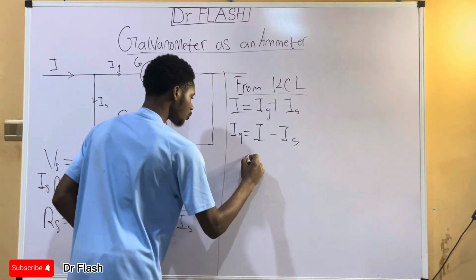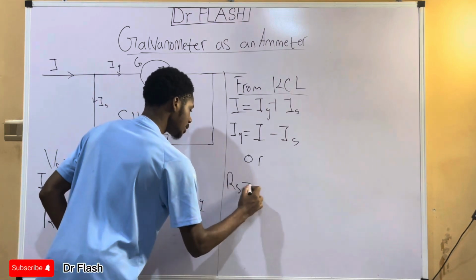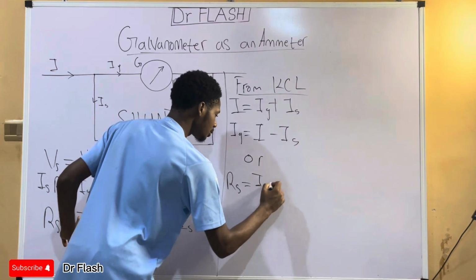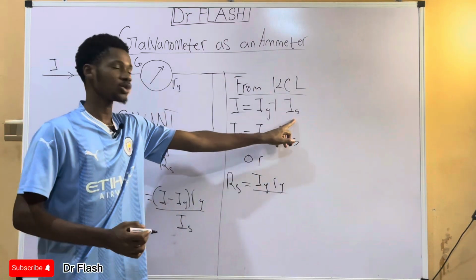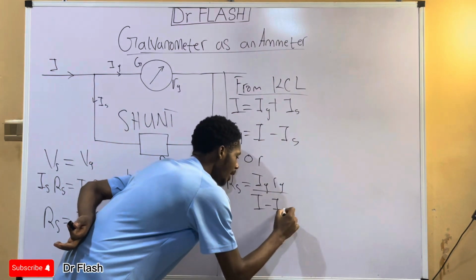Or we can simply write this as Rs equal to Ig times Rg divided by, making Is the subject instead, I minus Ig.